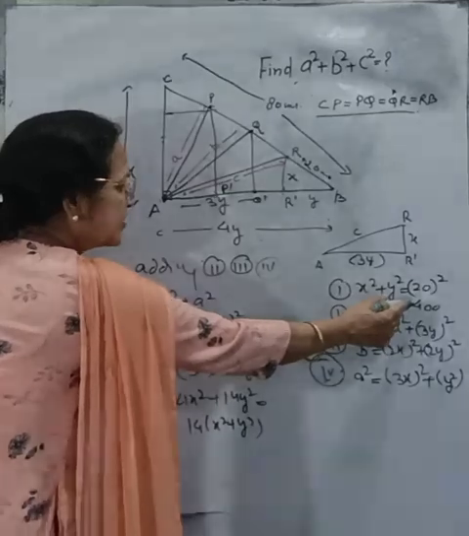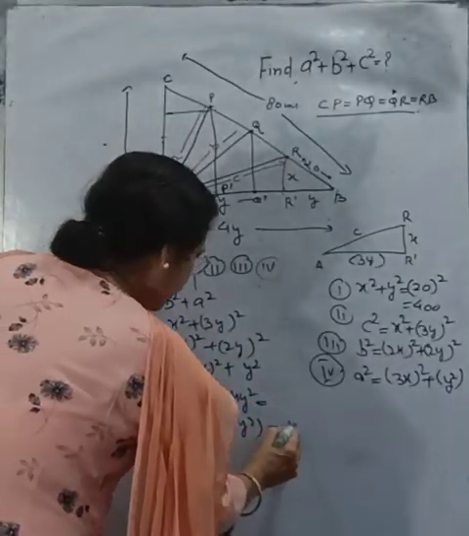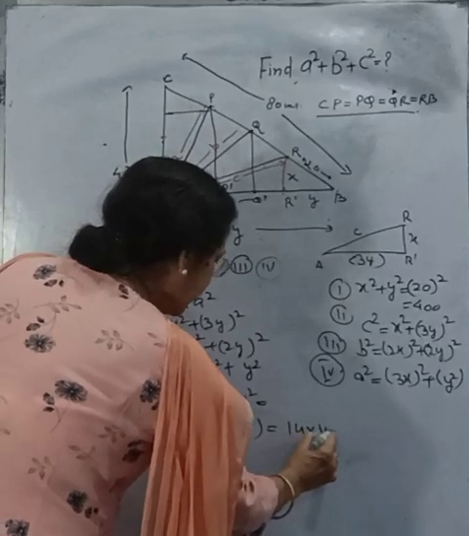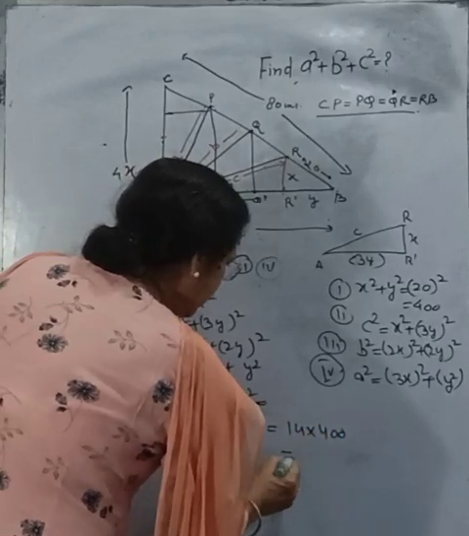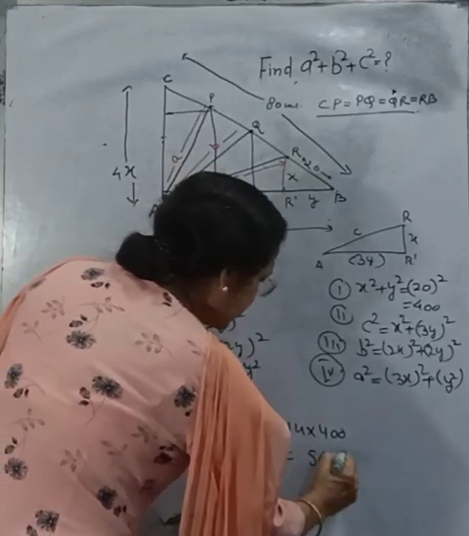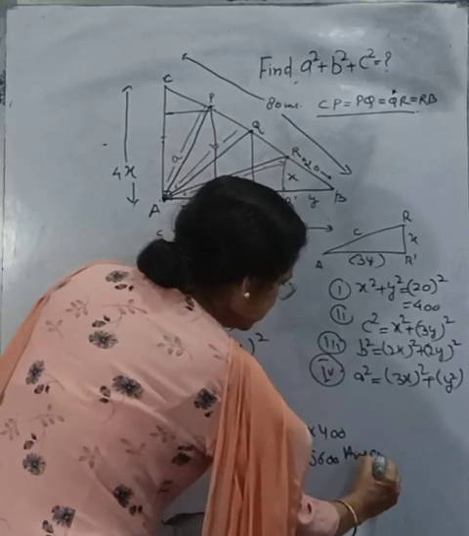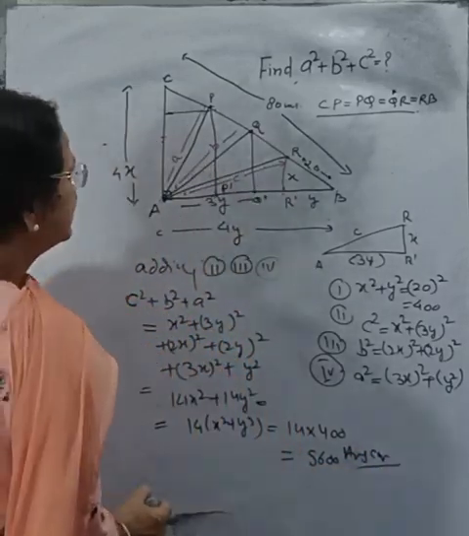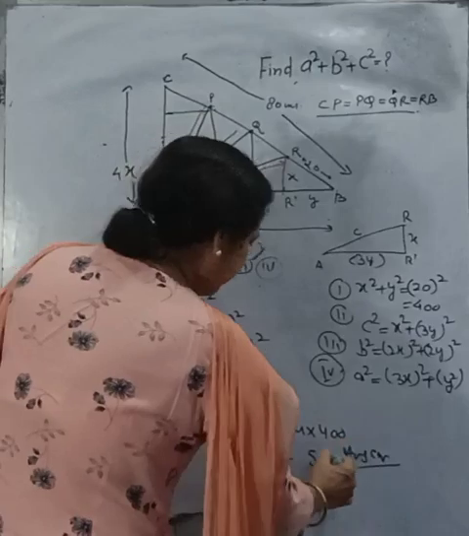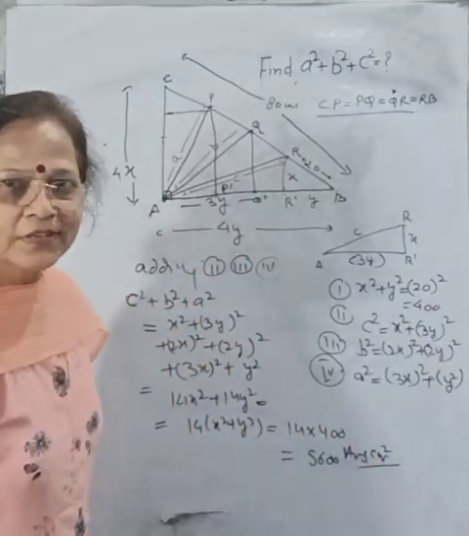And x square plus y square is 400, so it will be 14 into 400, which is 5600. This is the answer: a square plus b square plus c square is 5600. This is the answer of the question.